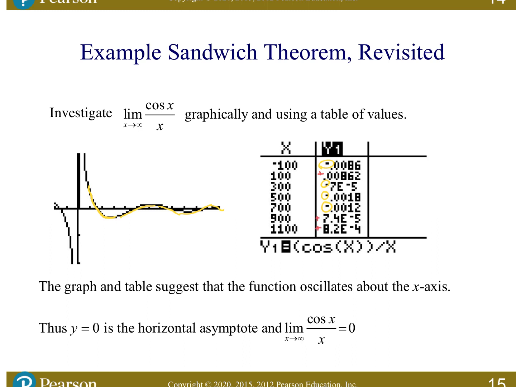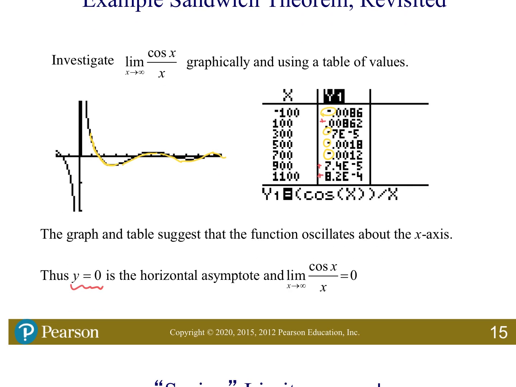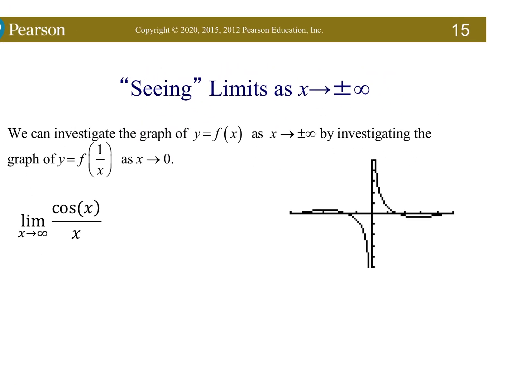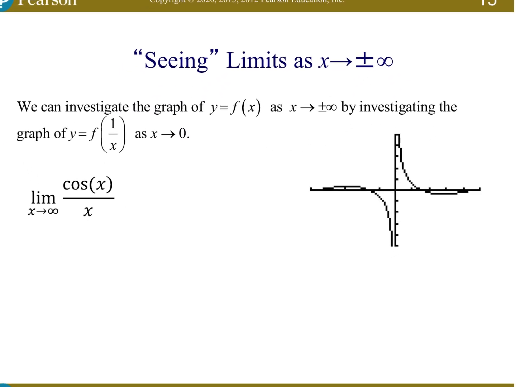These values just keep switching, negative, positive, negative, positive. So it's oscillating. We can hypothesize that y equals 0 is the horizontal asymptote for this function, the end behavior model, but can we prove it? We're going to prove it using the sandwich theorem.